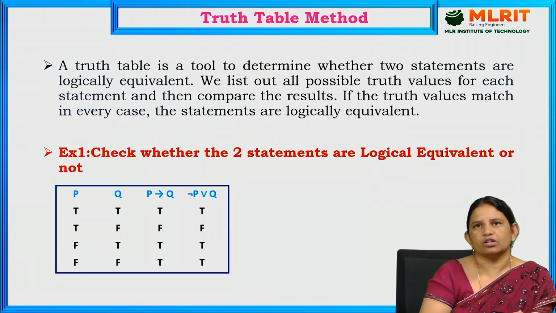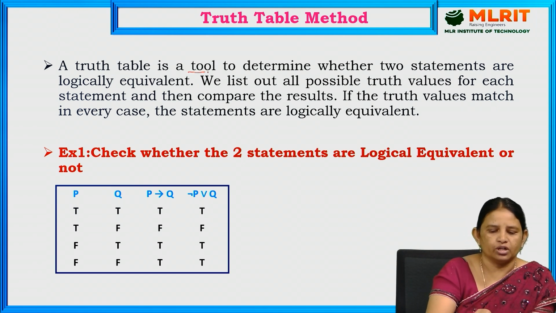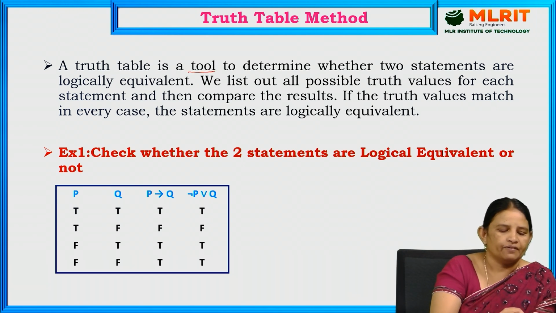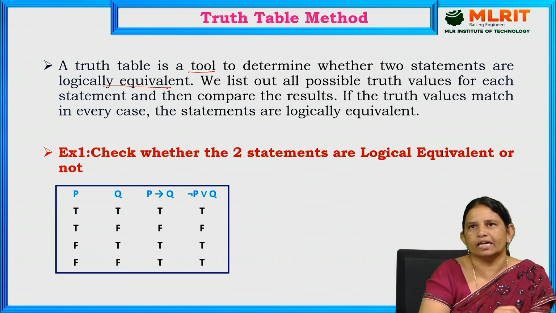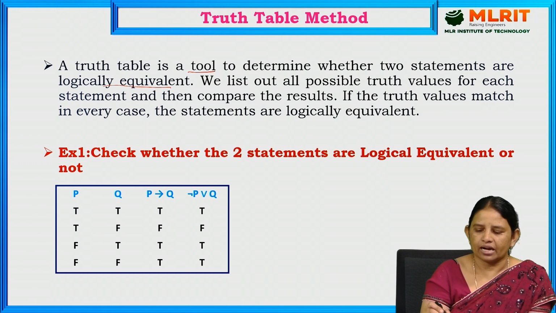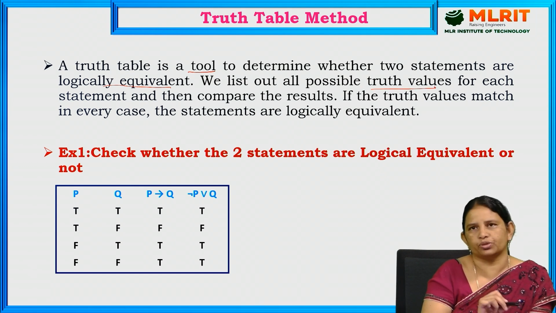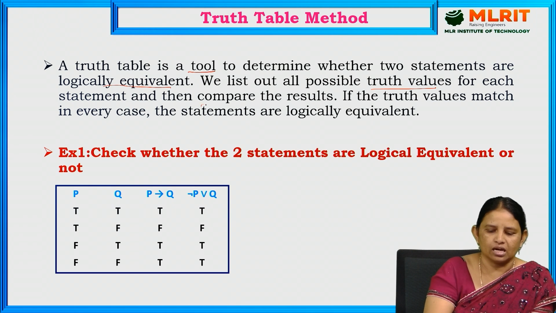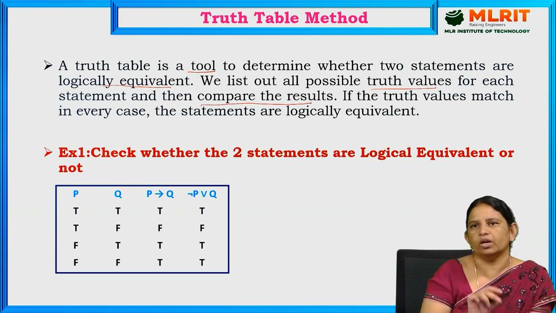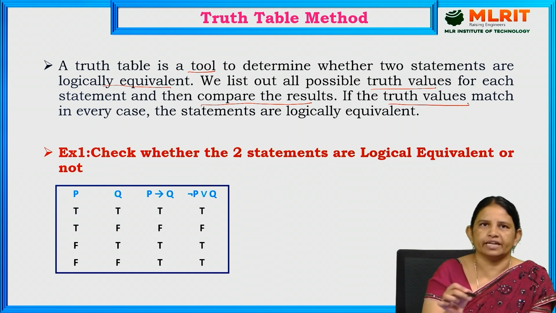The truth table is one of the tools to determine whether two propositions are equivalent or not. We can say they are logically equivalent if we write all the possible combinations of truth values in the truth table, compare the last column of the truth table for the two statement formulas, and both match in every case.